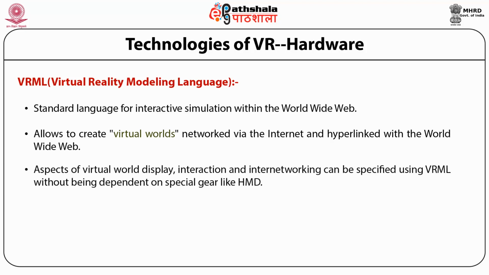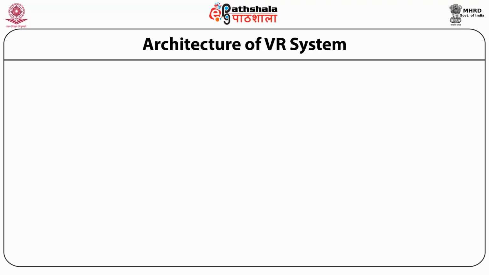Aspects of virtual world display, interaction, and internet working can be specified using VRML, that is Virtual Reality Modeling Language, without being dependent on special gear like HMD. Virtual reality models can be viewed by Netscape or Internet Explorer, that is IE, with a browser plugin.